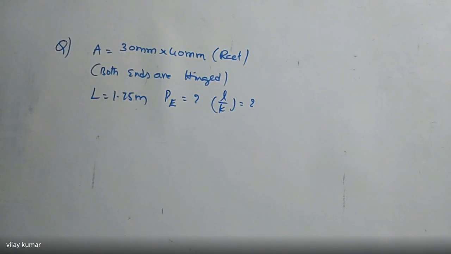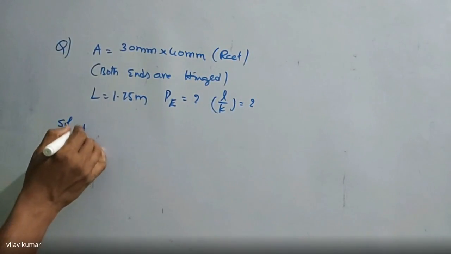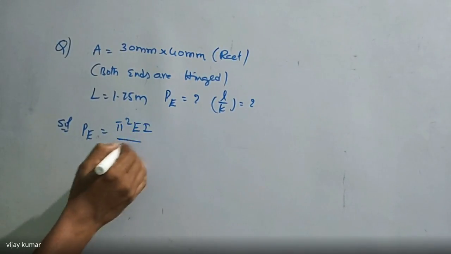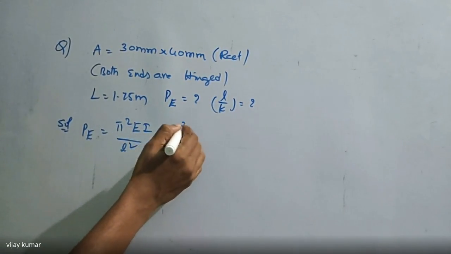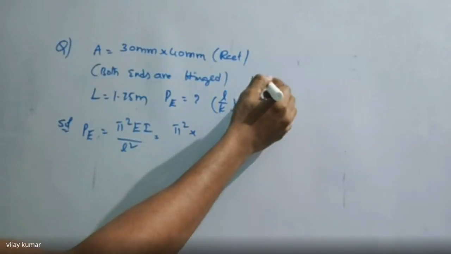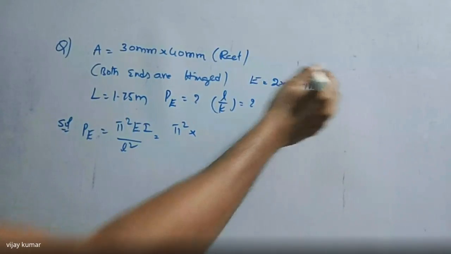Now, first of all, I'm going to write it here. What is the buckling load? P is equal to, both ends hinged, pi square E into I divided by L square. E value is given: E is equal to 2 into 10 power 5 Newton per mm square, as it is mild steel.